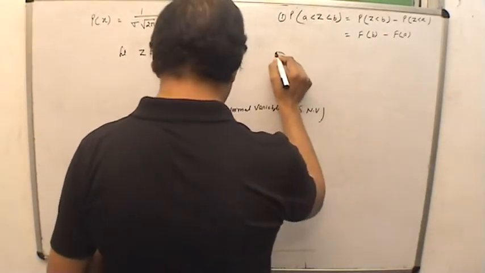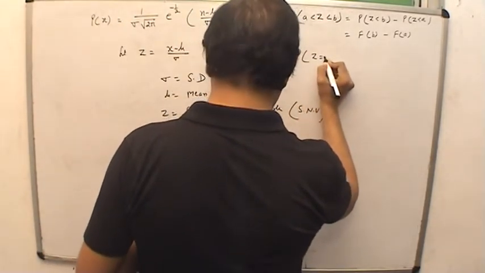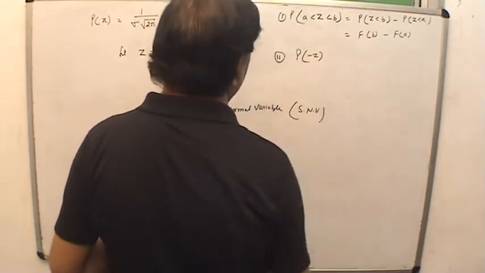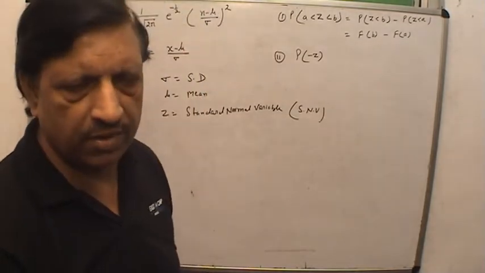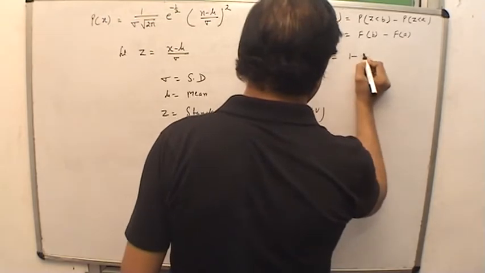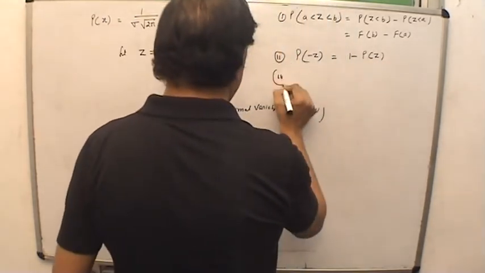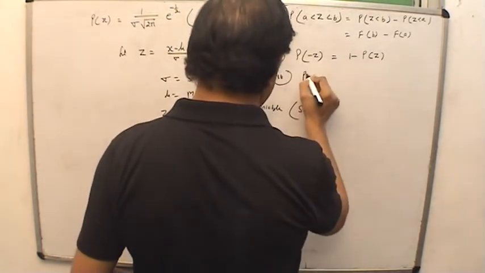Number 2, if P(Z less than minus a), if the normal variable is negative, we cannot check these values from the table. So we convert it into 1 minus P(Z less than a). Third rule, for P(Z greater than or equal to a).